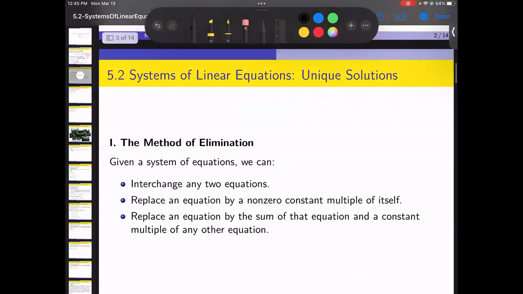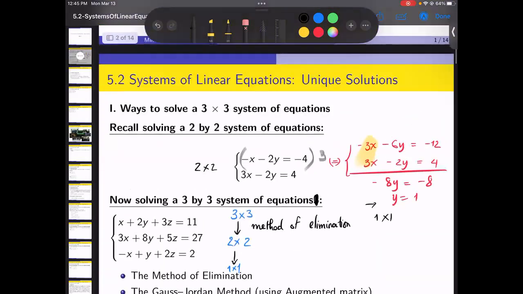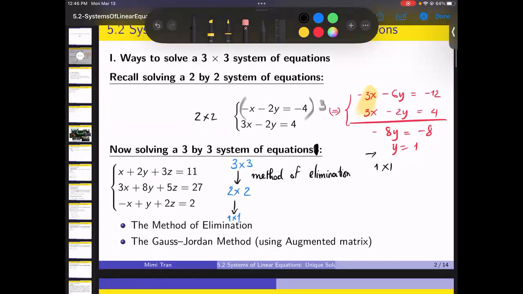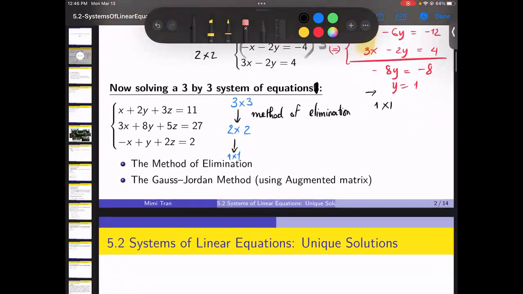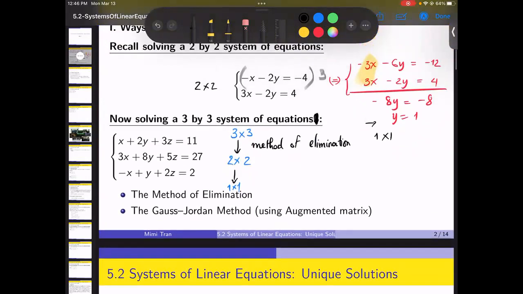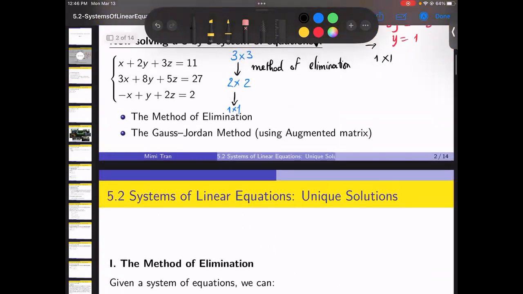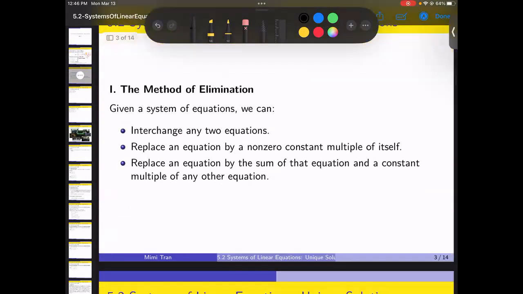Now, before I give you a problem, let me finish. Well, you have to take a picture. I cannot just stop. Let me remind you what we can do with the system of equations. I can interchange 2 equations. Right?